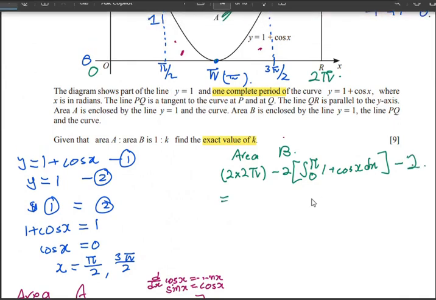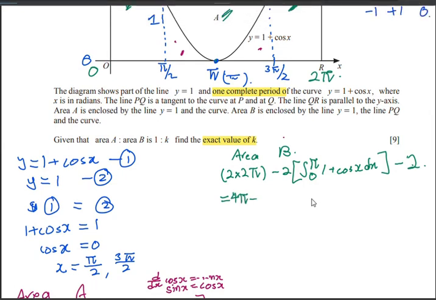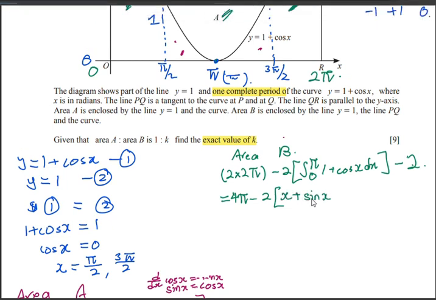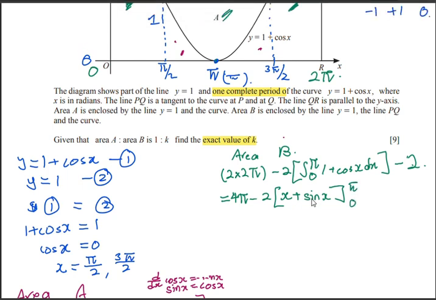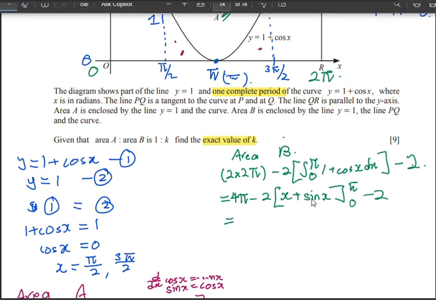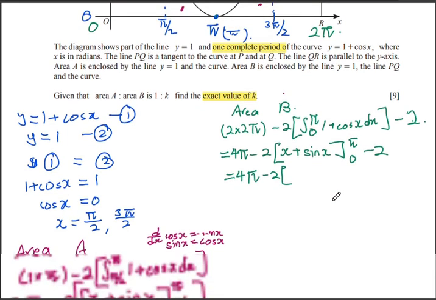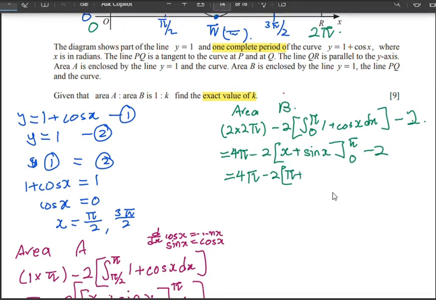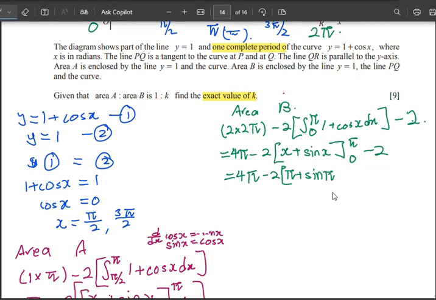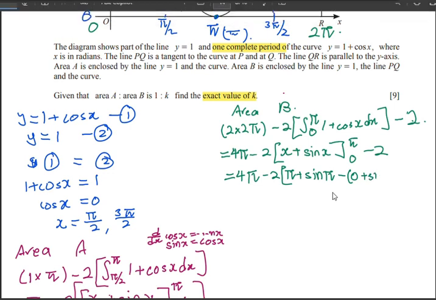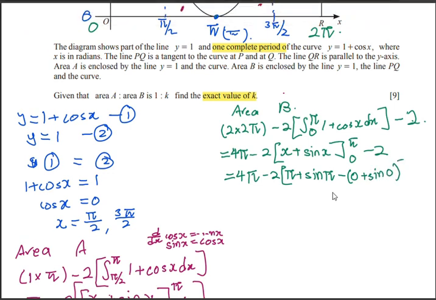So simplify this, you'll realize that you get 4 pi minus 2, then this is same thing, x plus sine x, and then pi to 0, minus 2. Simplify even more, so 4 pi minus 2 big bracket pi plus sine pi, sine 180 is 0, so pi plus sine pi, I just slowly do, minus, so this one you'll get 0 plus sine 0 minus 2.